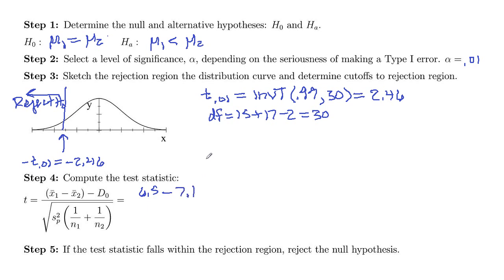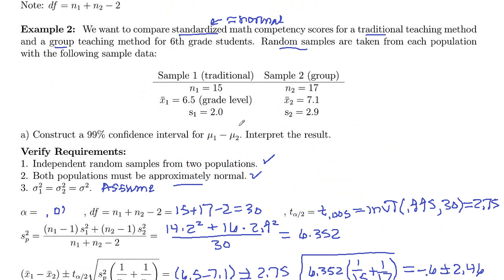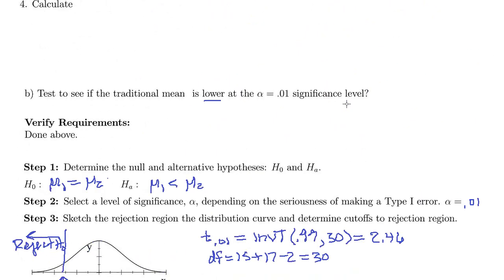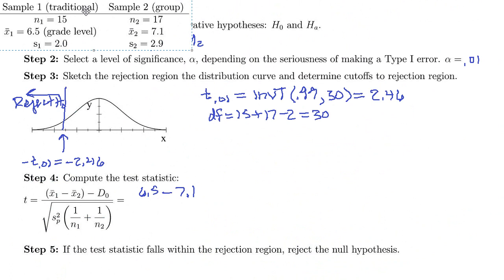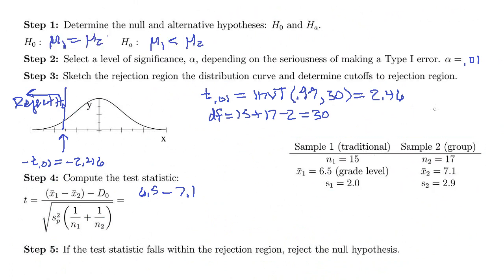Let me grab that information and bring it down here so we've got it in front of us. And we are dividing by the same pooled estimator times the sum of the reciprocals of the sample sizes that we had up above.